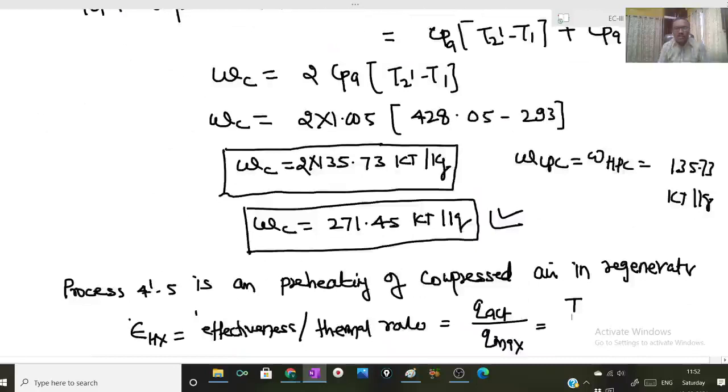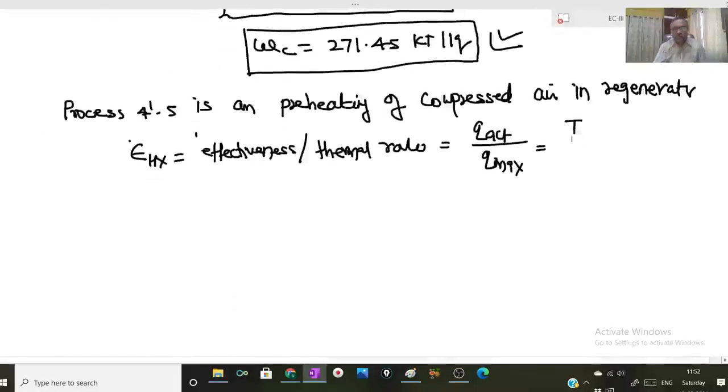So that way I can say T5 dash minus T4 dash, and maximum possible difference will be T9 dash minus T4 dash. Now 0.8 is the effectiveness of the heat exchanger given to you.